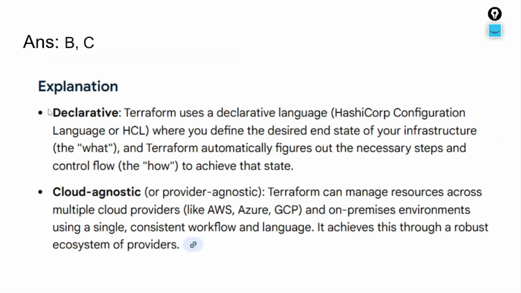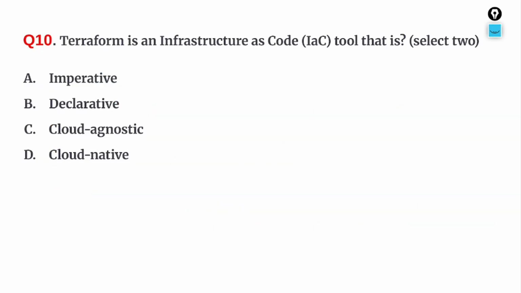Here is the explanation. Why declarative? Because Terraform uses a declarative language from HashiCorp, the HCL language. As I said, Terraform can manage resources across multiple cloud providers like AWS, Azure, GCP, and on-premise environments also. So that is the reason we can say the answers are B and C.